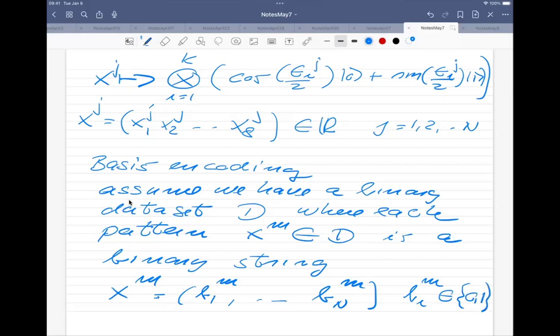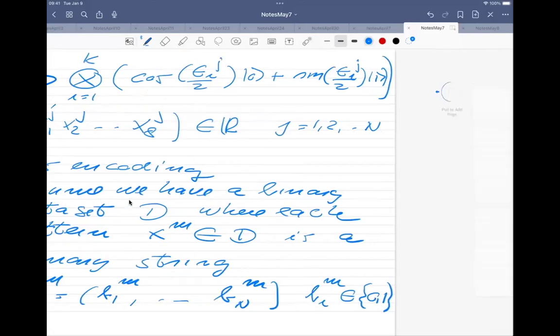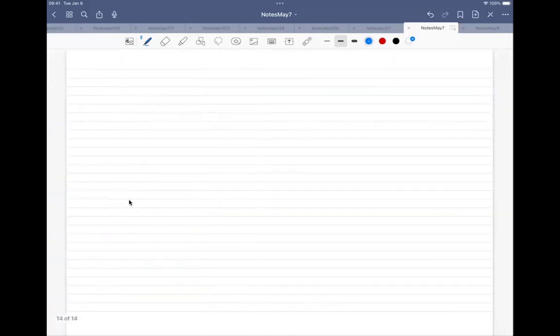What we can do then is prepare a superposition of basis states where each qubit corresponds to a binary input pattern. So suppose now that we have a specific state, an input x1, which contains an input like 0, 0, 0, 1.